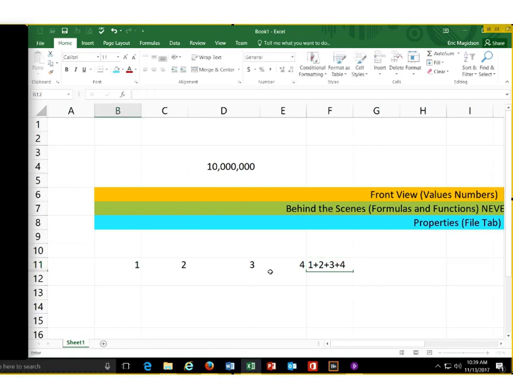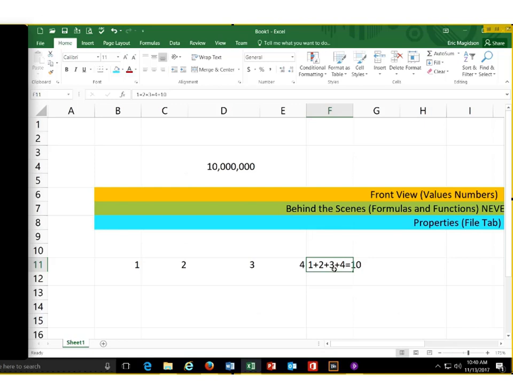So here's the thing. If I hit enter on this, did it add them up? No. Normally in math we would then say equals, anybody want to do the math for me? Thank you. Equals 10. Right? And if I do that, well, it's not adding these cells up for me. So what I can do is I can come in here and utilize the values. So remember, I'm showing you the wrong way to do it. And I'm going to associate a word with this here in a minute.